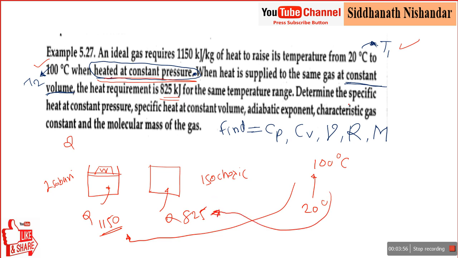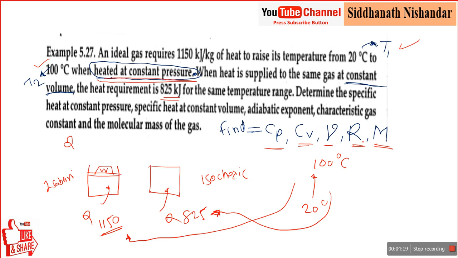Determine the specific heat at constant pressure, Cp, specific heat at constant volume, Cv, the adiabatic exponent gamma, the characteristic gas constant R, and the molecular mass of the gas. It's very simple; you know the fundamental formula.